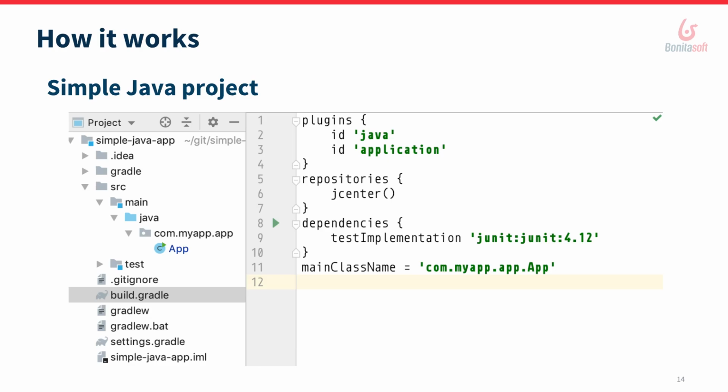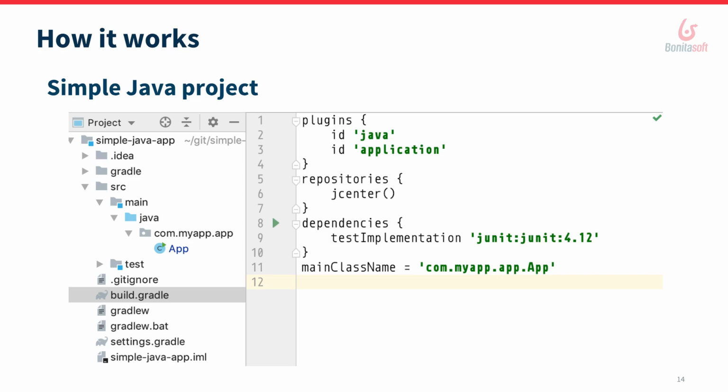Here is a small example of a minimal build that compiles a Java application. So there's not much, only one main class that is inside a src main java package and is referenced in this build using the main class attribute.